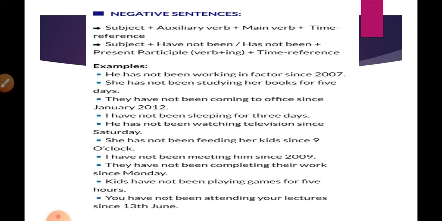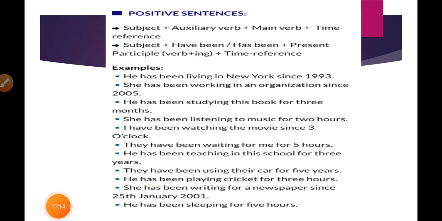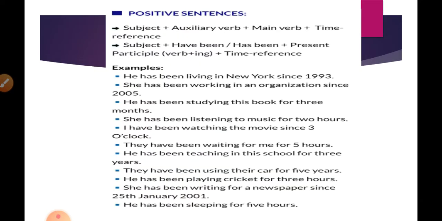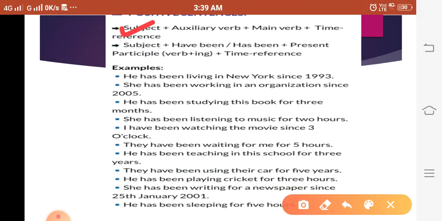Now let's come to the next topic. Here I'll discuss how we form positive sentences in present perfect continuous tense. See the sentence structure. First subject, then auxiliary verb, then main verb, then time reference.